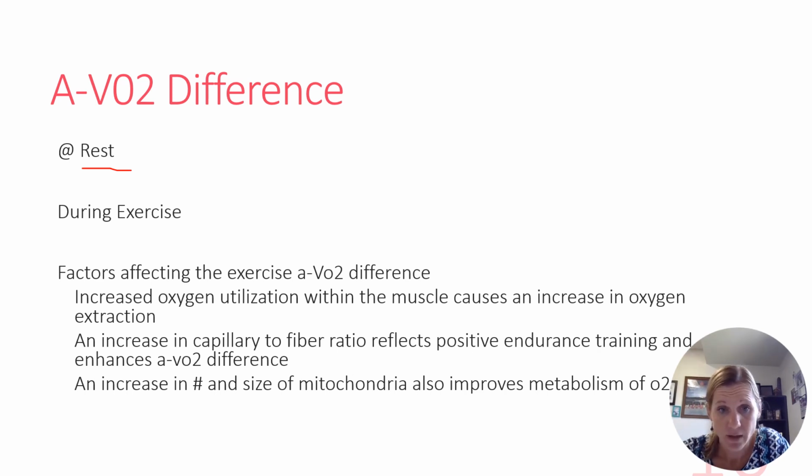So if I had 20, again, these are all arbitrary numbers, but if I had 20 oxygen molecules in the arteries that are going to the muscle or whatever, I'm going to drop off 5 of them. And that means that 15 are going to go back to the heart.